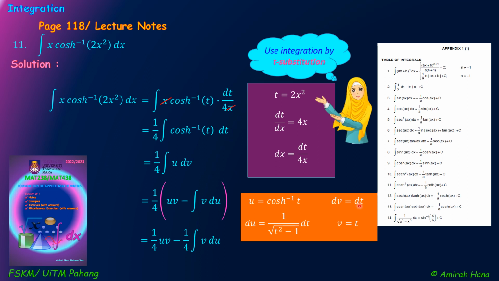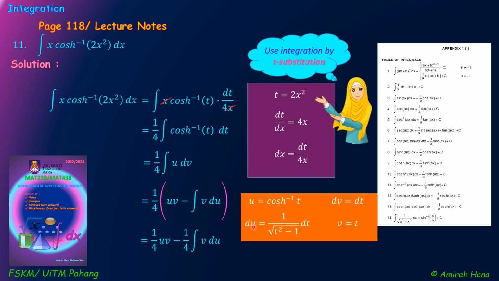Using integration by parts, from u we need to find du. What do we do? We differentiate. And from dv, we need to find v. What do we do? We integrate. To differentiate inverse cos t, there is a formula: 1 over the square root of t squared minus 1.